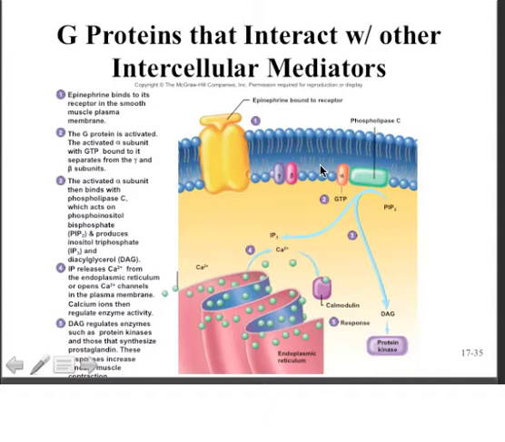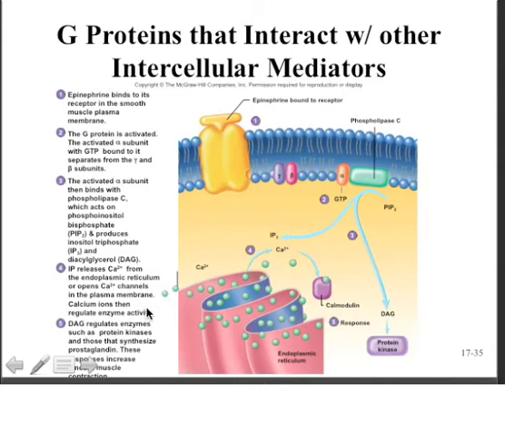phosphoinositol bisphosphate. That ends up triggering eventually the activation of cytoplasmic enzymes through a kinase cascade, and also triggers the release of calcium from inside the cell via alteration in the conformation of calmodulin. Okay, so the inositol phosphate releases calcium from the ER.